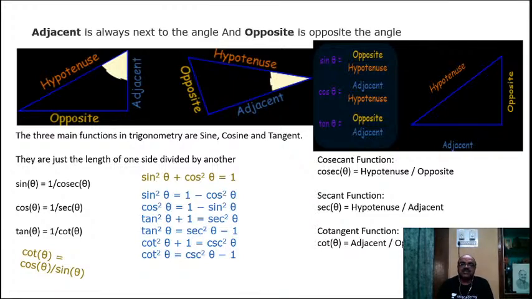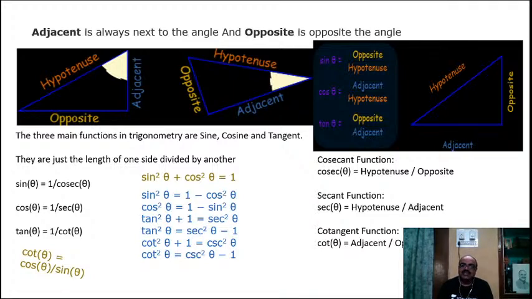The other three cofunctions are cosecant, which is hypotenuse by opposite, secant, which is hypotenuse by adjacent, and cotangent, that is cot, adjacent by opposite. We have abbreviated these terms because always saying sine, cosine, tangent, cosecant is tedious. Instead, we use simple words like sin theta, cos theta, tan theta.